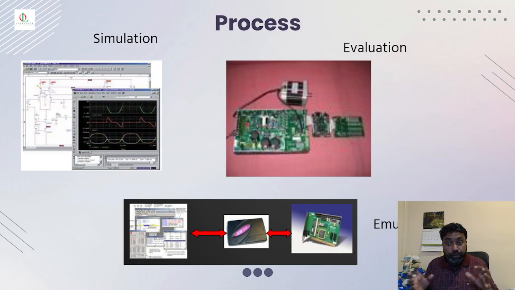If both work okay, then that's when you actually go to a process called emulation. Emulation is a process where you connect both the hardware and the software through a programmer. In this case, we use a JTAG. JTAG stands for Joint Test Action Group, where you actually connect the target board and start to debug for any problems or check for functionality.